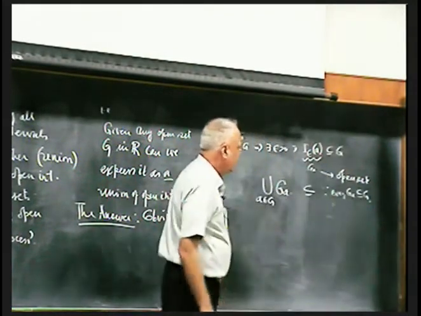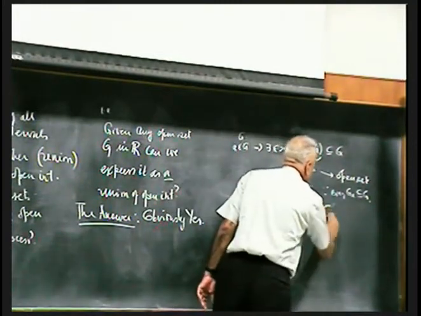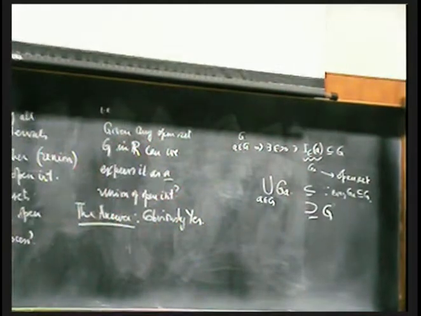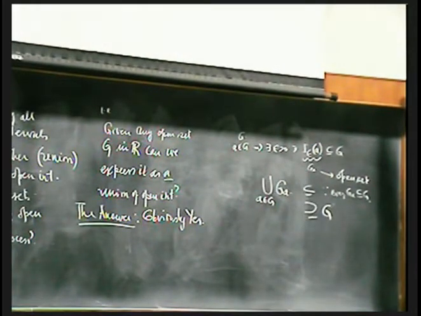On the contrary, this contains G because every element of G is in one of the G_a's. If you take an element a in G, it belongs to G_a and therefore it belongs to the union.